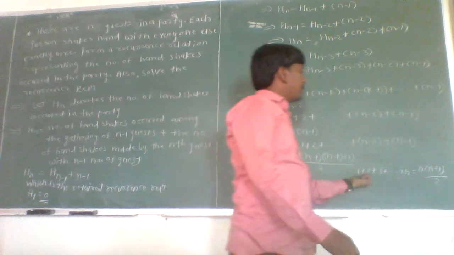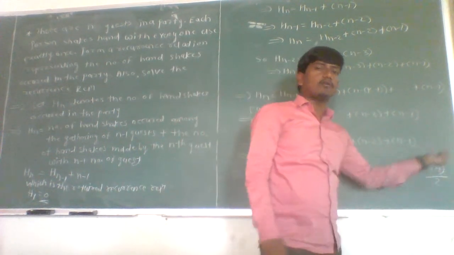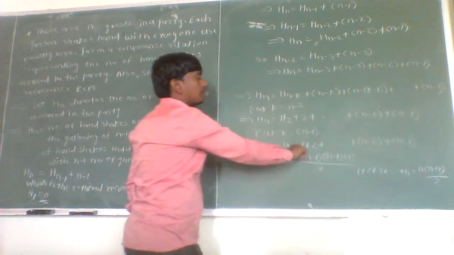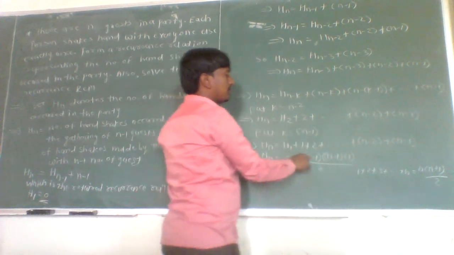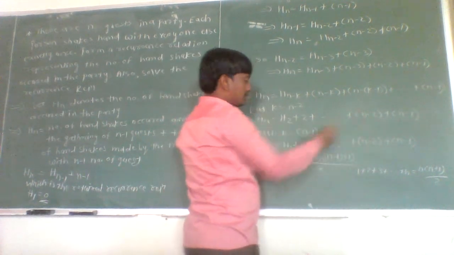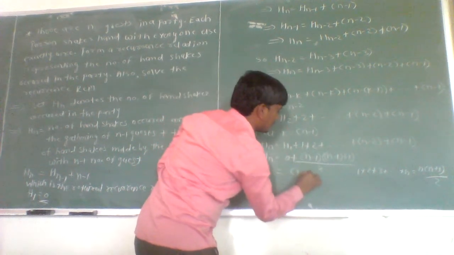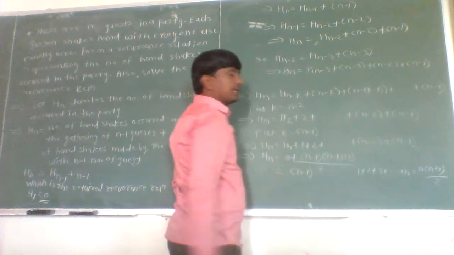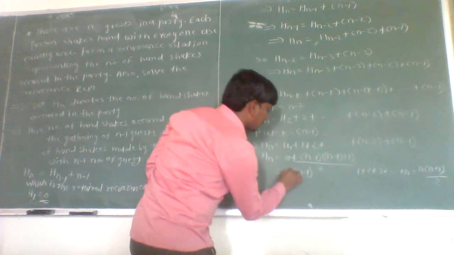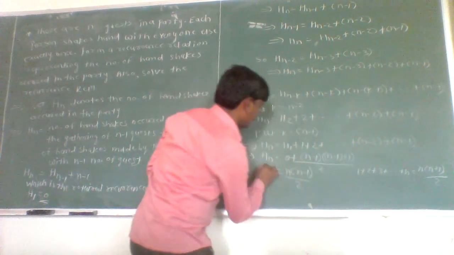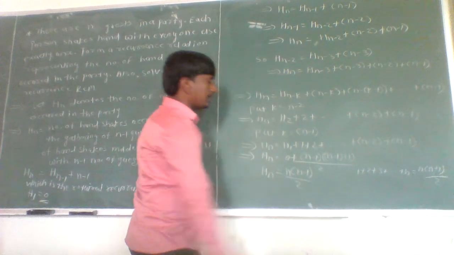Since the sum of integers from 1 to n is n into n plus 1 upon 2, but here the sum is from 1 to n minus 1. Therefore, it is n minus 1 into n minus 1 plus 1 divided by 2, which is equal to 0 plus that, that is n minus 1 into n upon 2, which is nothing but n into n minus 1 upon 2. So, which is the required solution.